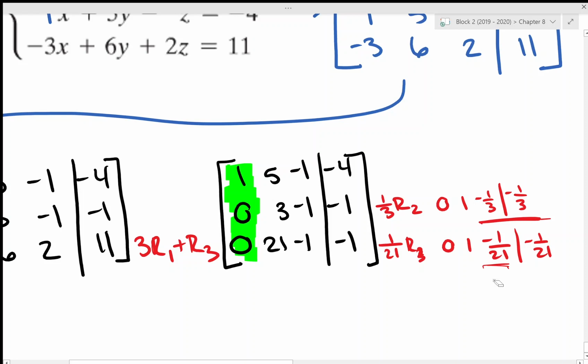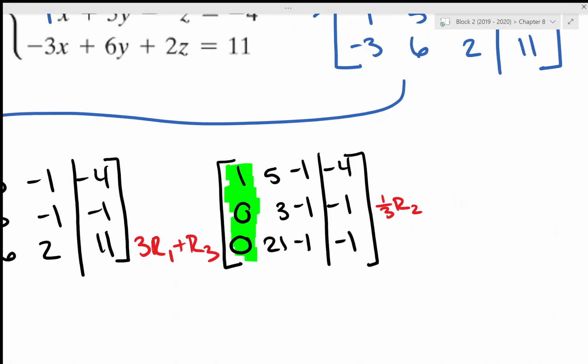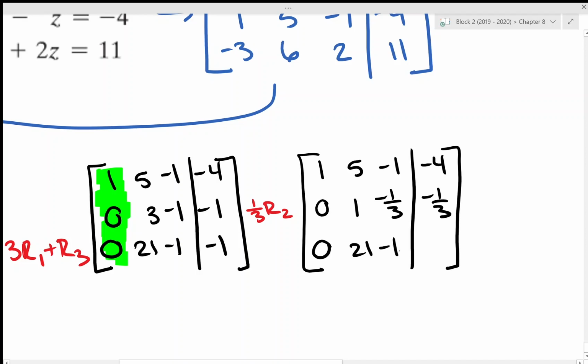So let's just change row 2. So here we go. Row 1 is 1, 5, negative 1, line, negative 4. Then I'm going to have 0, 1, negative a third, negative a third. And then I'll have the 0, 21, negative 1, negative 1.